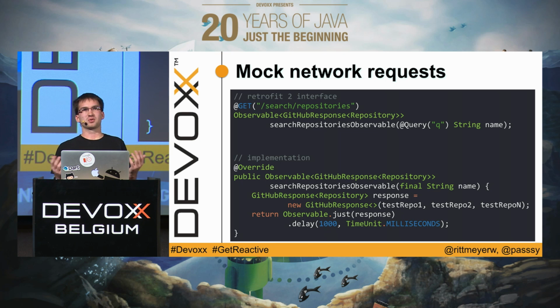So I just hacked a quick solution. Instead of my Retrofit dependency, I use my own dependency and use observable, just put a list of data items in there, delay it to make it look real, and return this. Just for mocking, it's perfect.